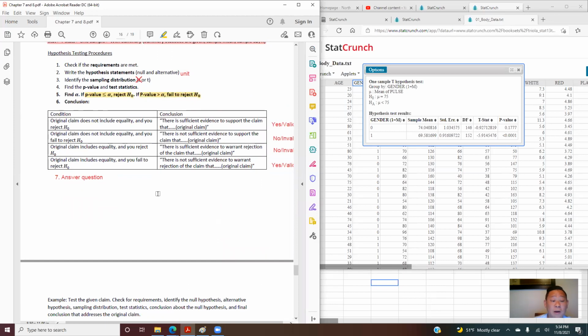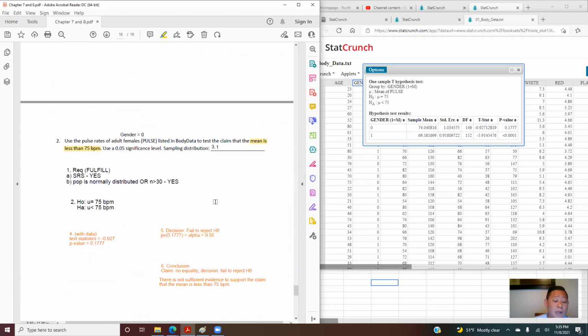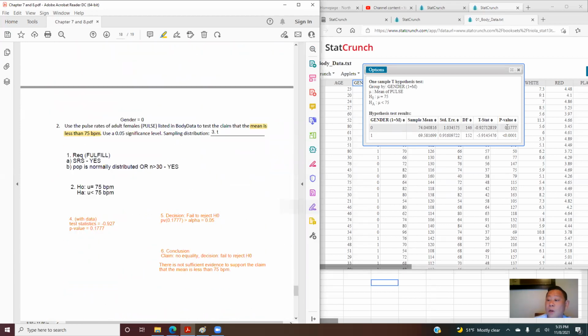Otherwise, you fail to reject the null hypothesis. So in this question number 2, the p-value is 0.1777 and alpha is 0.05. That means the p-value is greater than alpha.